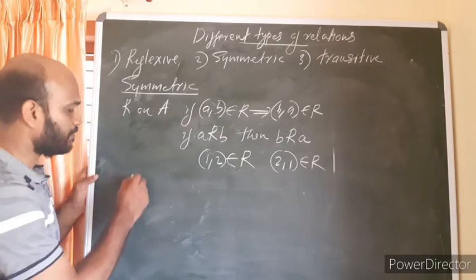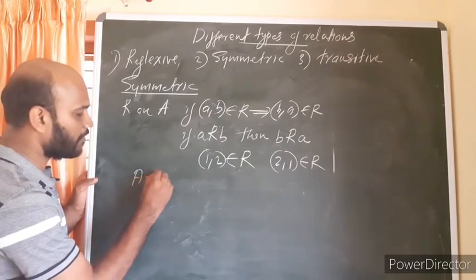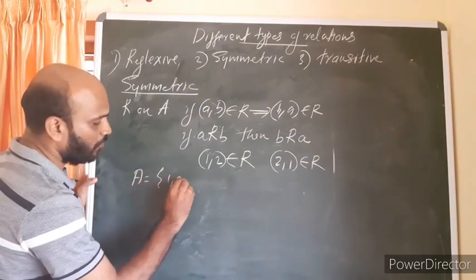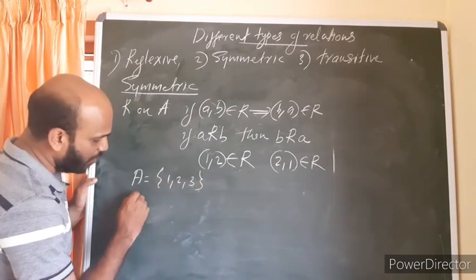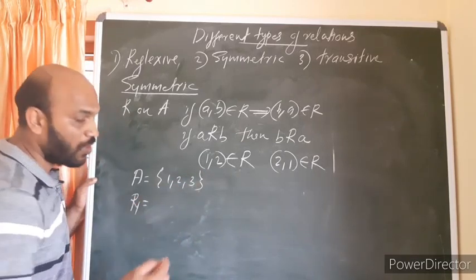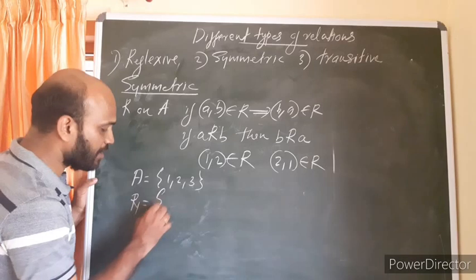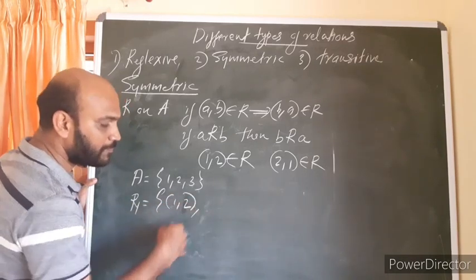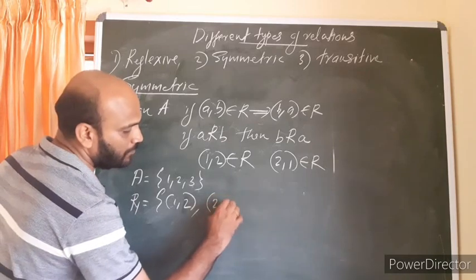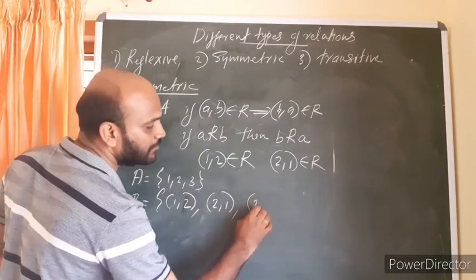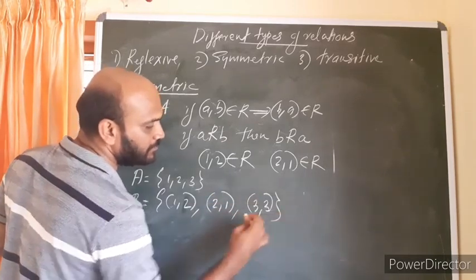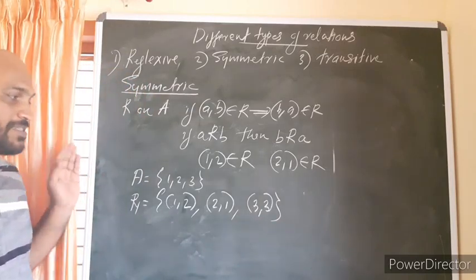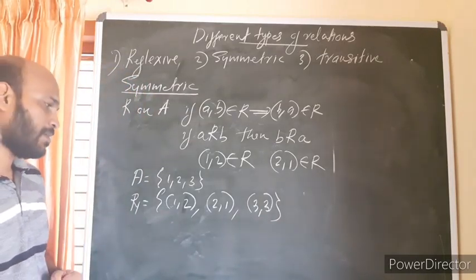Consider one example. A equal to {1, 2, 3} and R1 be a relation on A defined as R1, which contains (1,2), (2,1), (3,3). Just check whether R1 is symmetric or not.